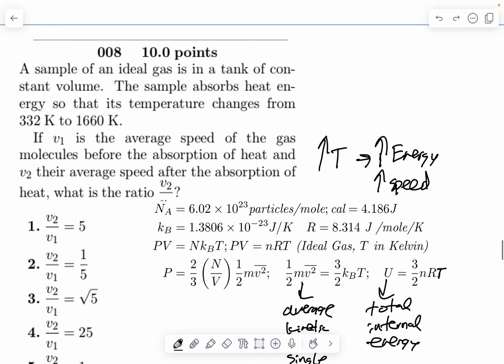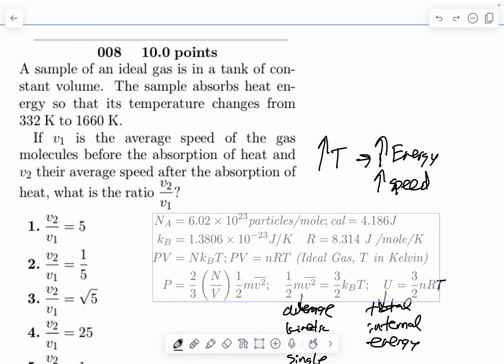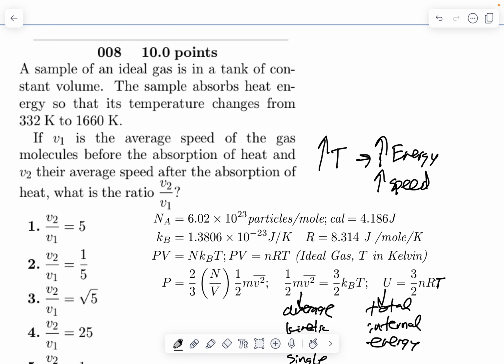Okay, so for number 8, we want to find the ratio of the speed of the gas after it absorbs the heat, right? V2 over V1. If I just look at the temperature, it starts at 332, and then it goes up to 1,660. If temperature goes up, the energy goes up and speed goes up.